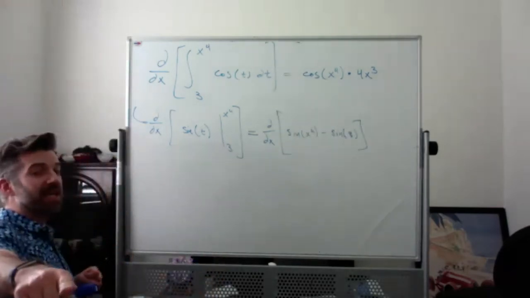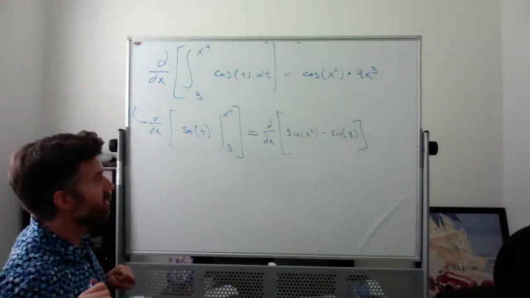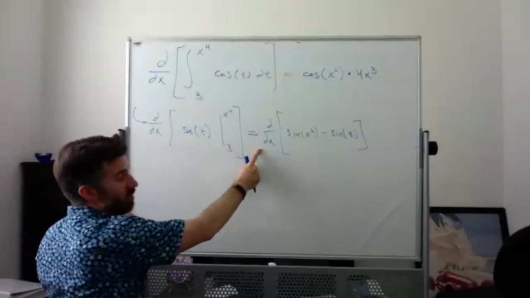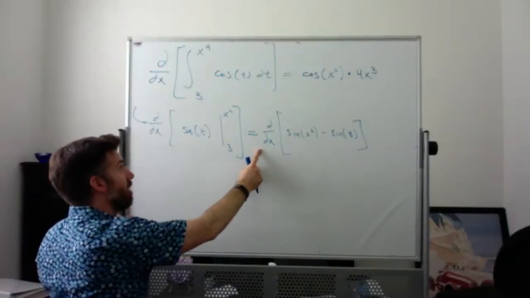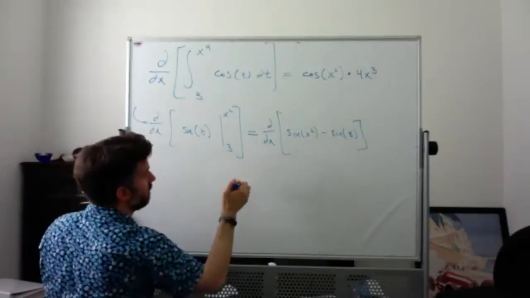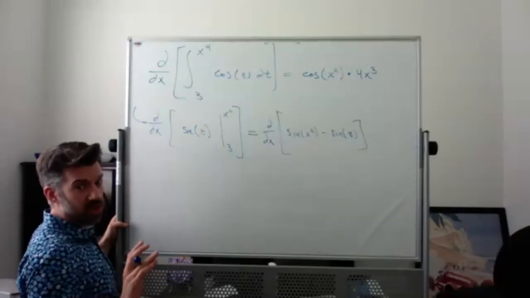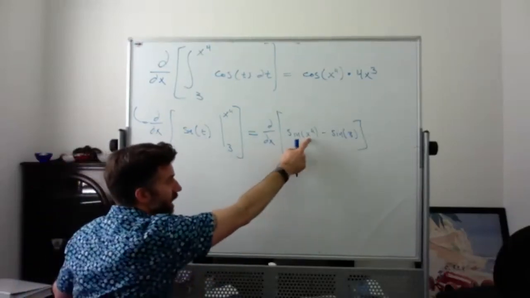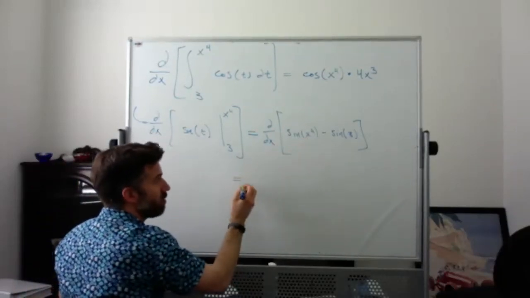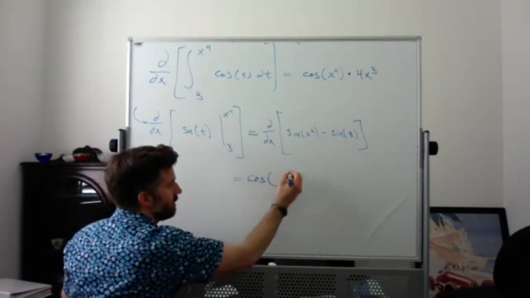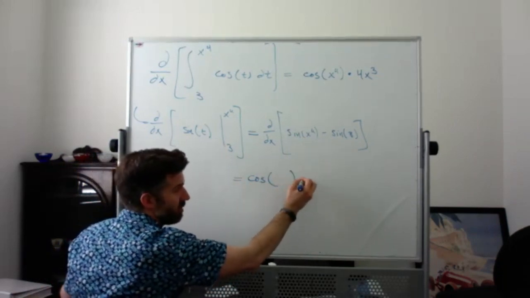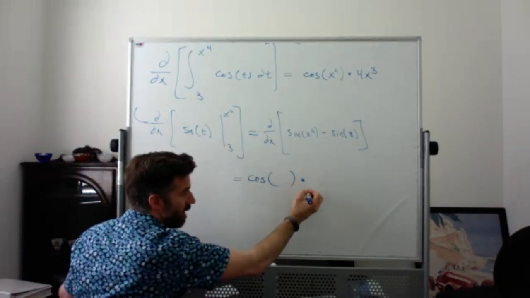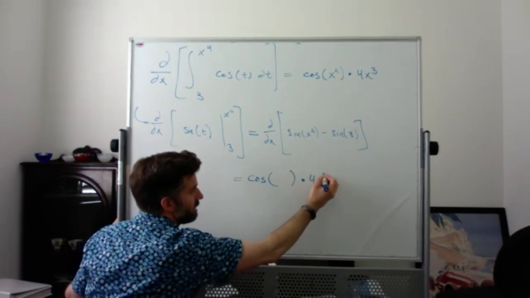Oh, that's the antiderivative. But I'm actually asking for the derivative here, which is just positive cosine. So the derivative of sine of x is cosine of x. The derivative of sine of some stuff, using the chain rule, is cosine of the stuff. But then what do I have to multiply by? Derivative of stuff. Exactly.